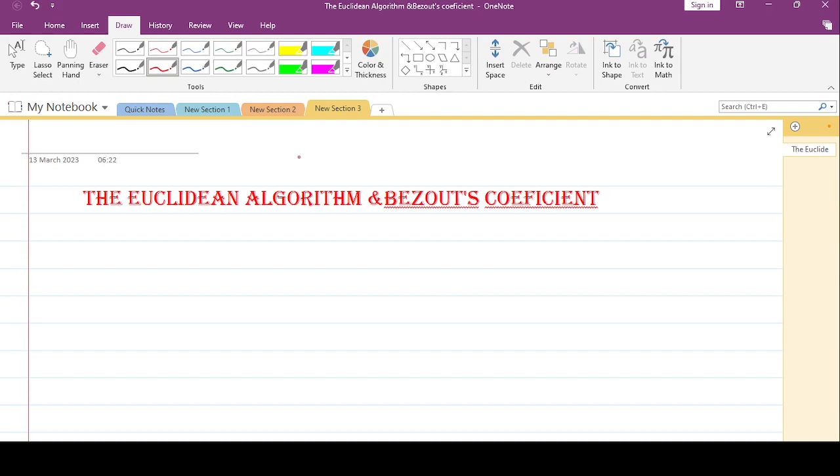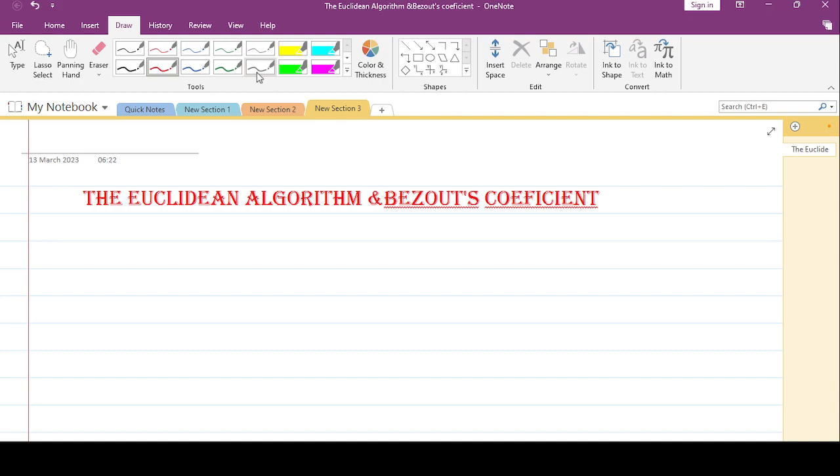In the previous video, we also found GCD and LCM of given numbers. A Euclidean algorithm is also used for finding GCD of numbers.